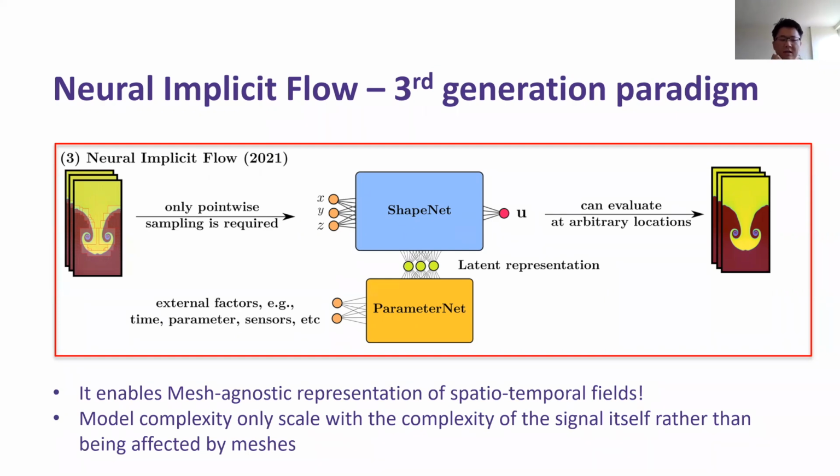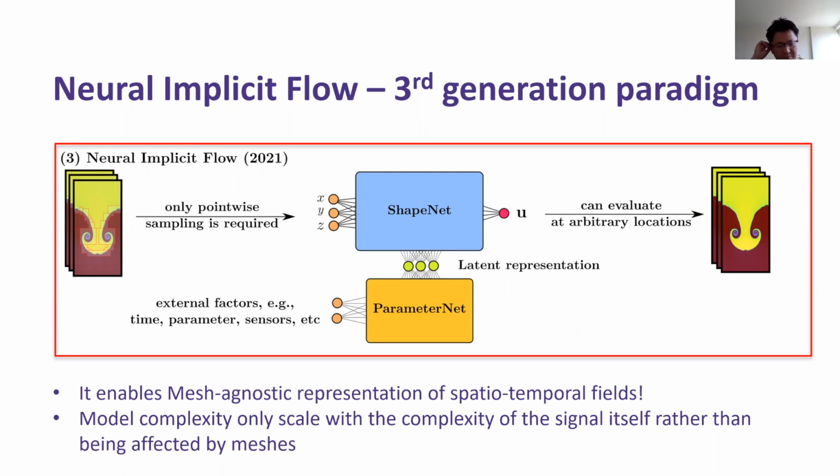And the underlying reason why it works so well is that the model complexity only scales with the complexity of the signal itself rather than being affected by meshes. If you think about SVD or CNN, they are all affected by the meshes, the computational complexity of the model. But here it's never the problem, because the thing we really care about is just the neural network weights.